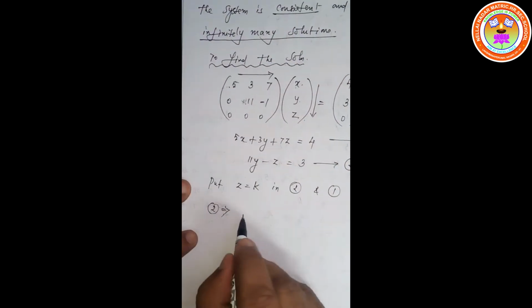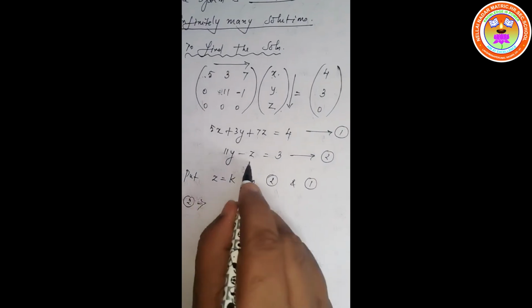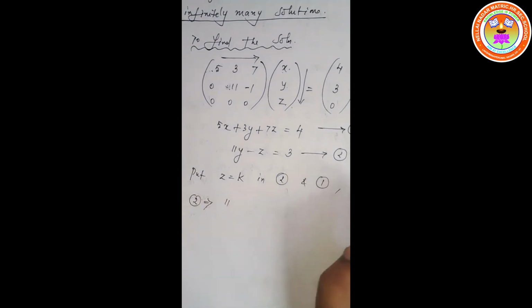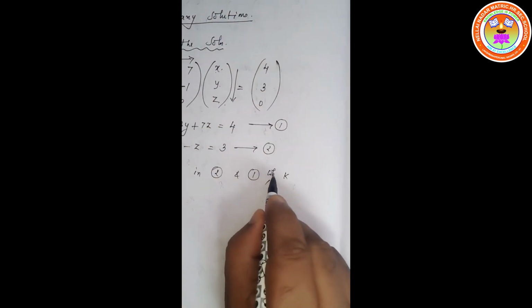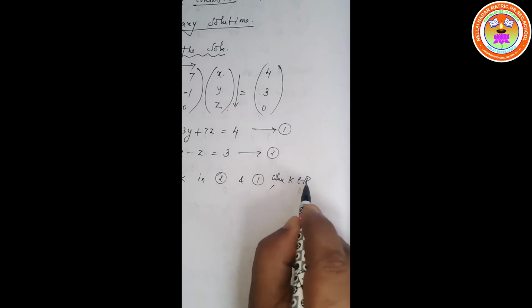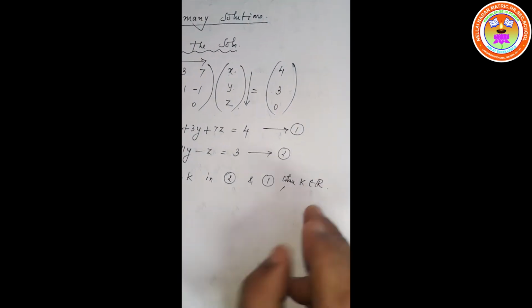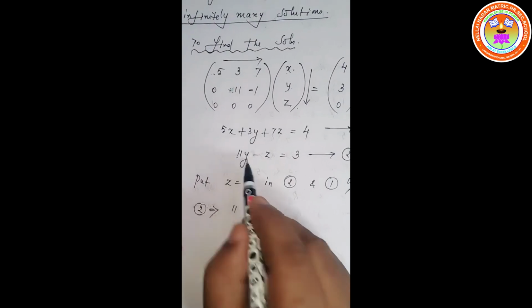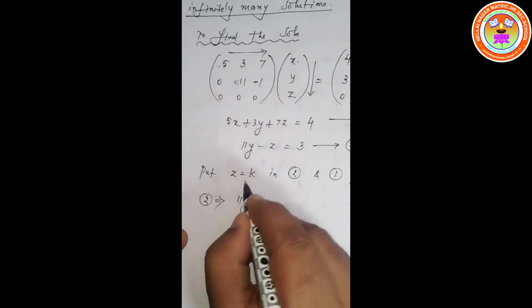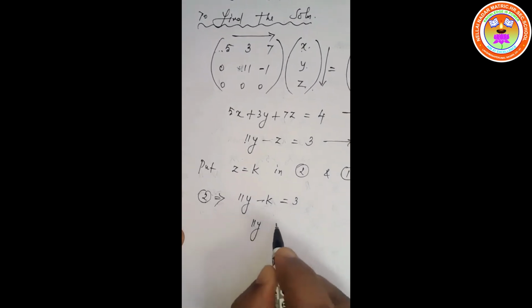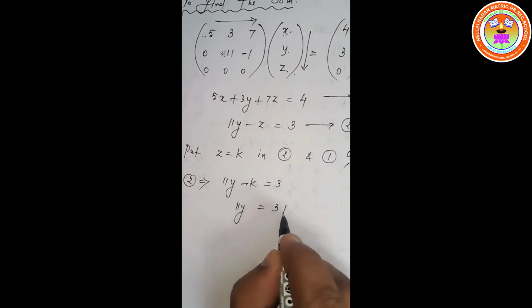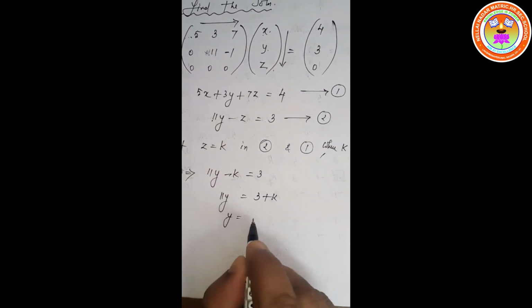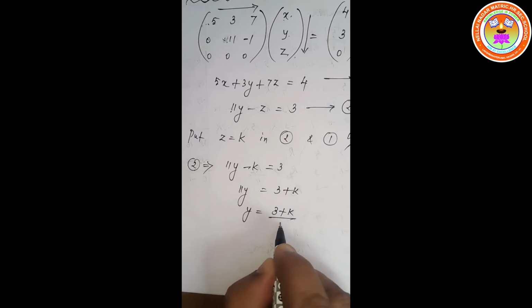In equation number 2, z has to be replaced by k, where k belongs to the set of real numbers. 11y minus k is equal to 3. Now 11y is equal to 3 plus k. Therefore y is equal to (3 plus k) by 11.